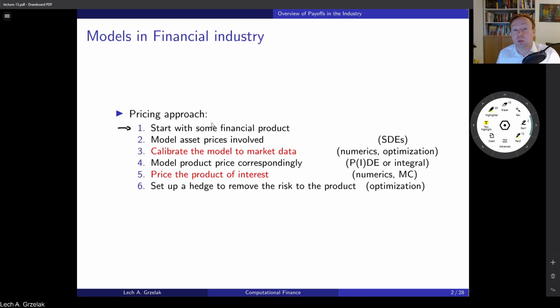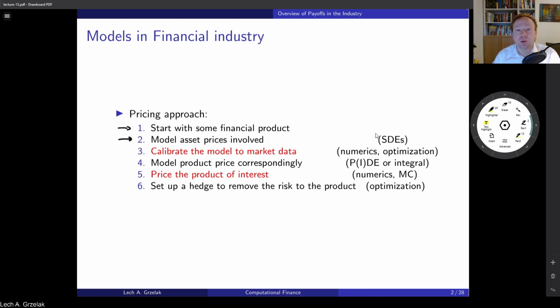Then, once you know what the product is, you specify what risk factors are necessary for modeling and pricing. And then it involves multiple stochastic differential equations. In this course, we mainly focused on equity assets. So we spoke about the Black-Scholes model, jumps, and the Heston model, so stochastic volatility models.